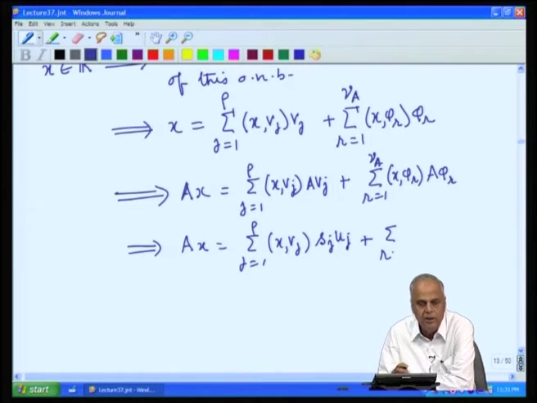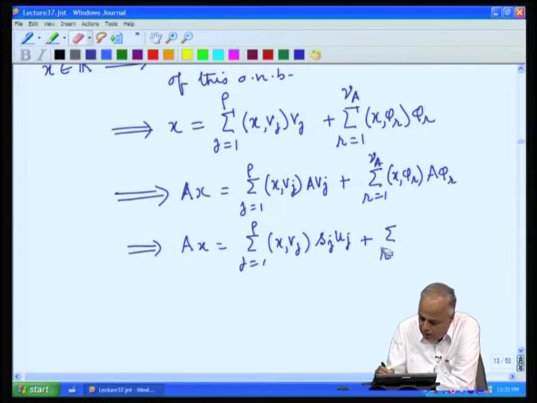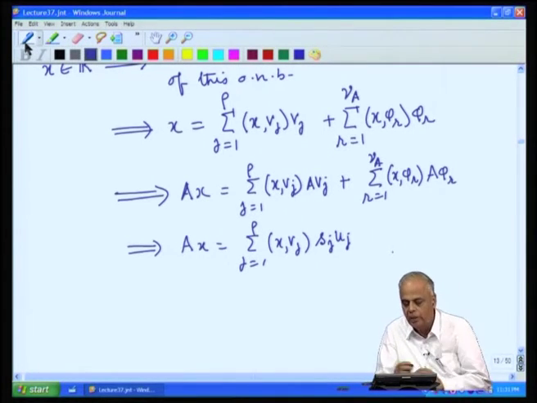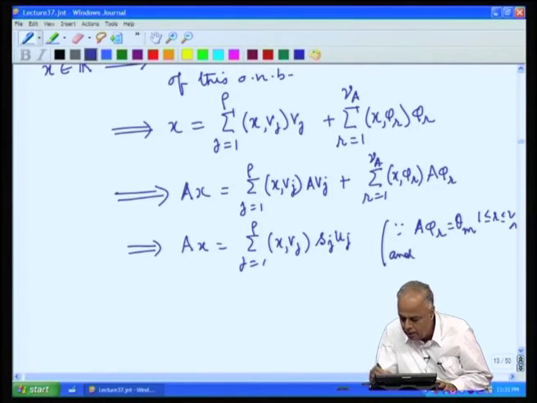Phi r's are all in the null space of A. So, A phi r is the 0 vector. So, all these terms just give the 0 vector, and we can ignore them because A phi r is equal to theta m for 1 less than or equal to r less than or equal to nu a, and A v j is equal to S j u j.